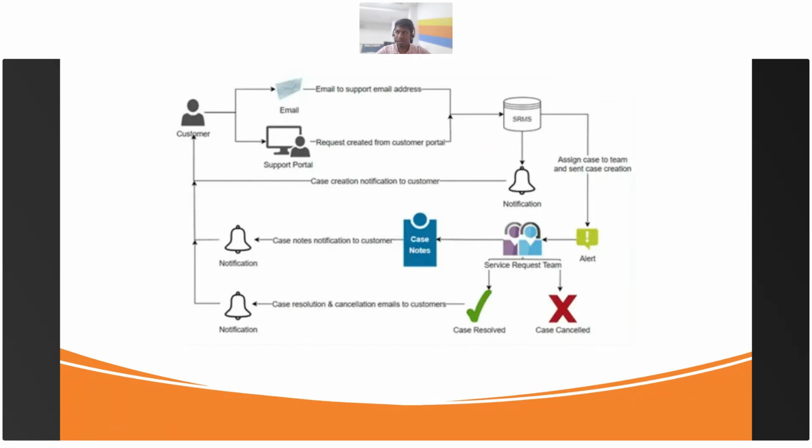Just within customer service, I'll show you a mechanism of how we can send efficient updates to the customer. Eventually, if a case is resolved, the customer gets an acknowledgement of a resolved case or a cancelled case, and so on and so forth.